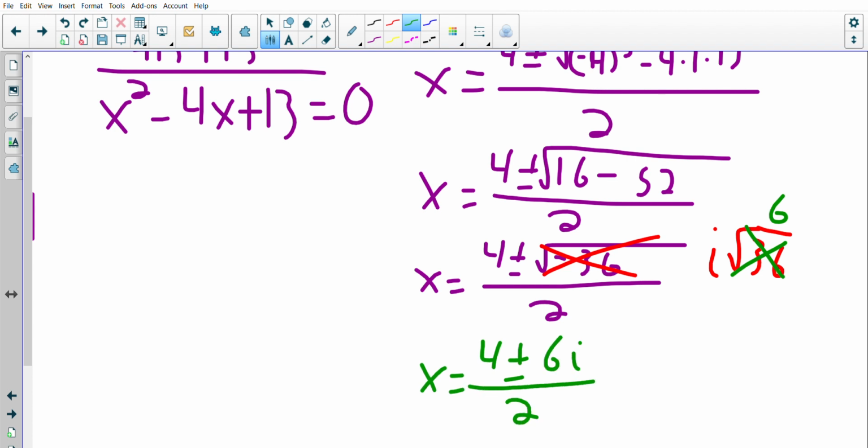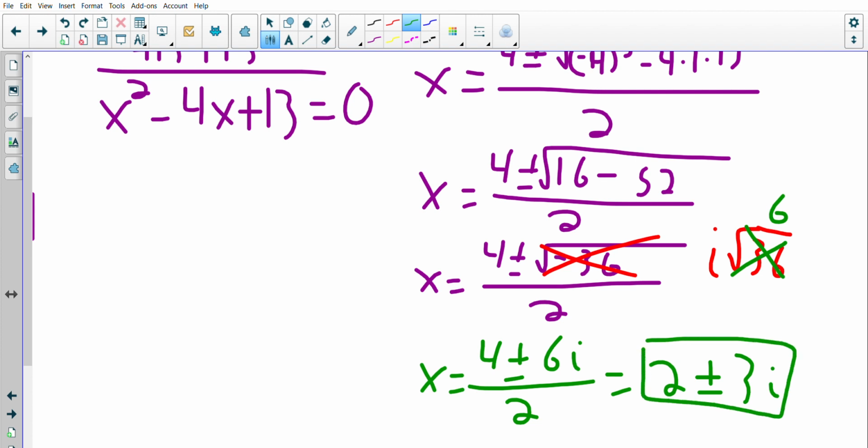So now, like we said, our discriminant was less than 0. So that tells us we're going to have a complex or imaginary number. And that's what we have. So doing a little bit more simplifying, 4 divided by 2 is 2, plus minus 6 divided by 2 is 3. So I have 3i. So my roots are 2 plus minus 3i.